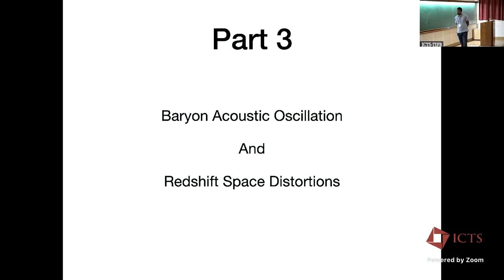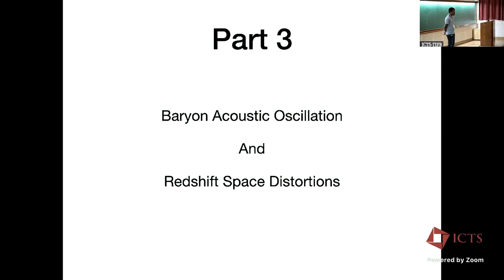So today I'm going to talk a bit more towards physics, and there are some very standard probes which can be measured and analyzed through these galaxy surveys. Two of them are Baryon Acoustic Oscillation and Redshift Space Distortion.